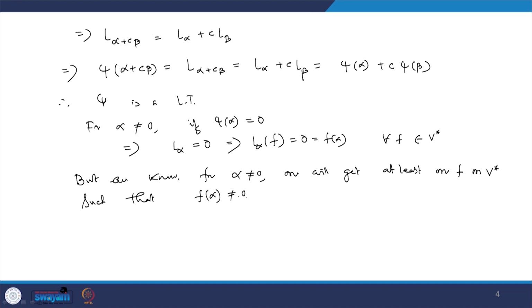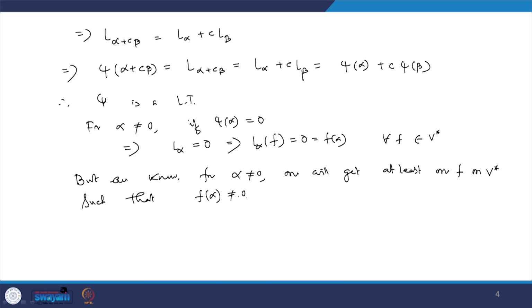Already we have explained in our previous lectures, if we consider a non-zero element in V, one can immediately find out a non-zero linear functional f on V star such that f of alpha not equal to 0.